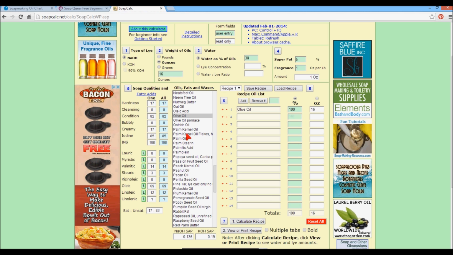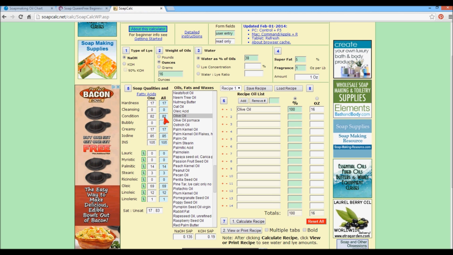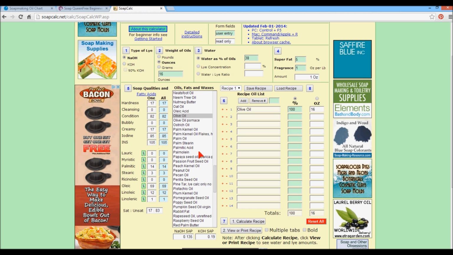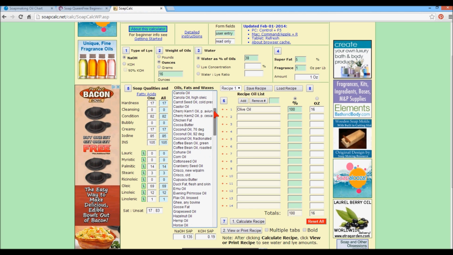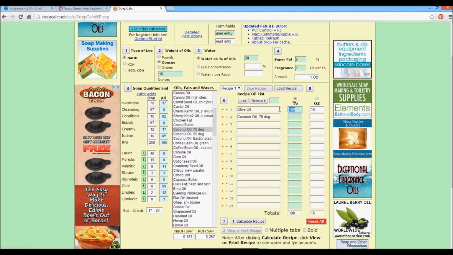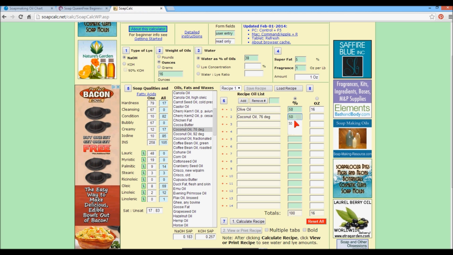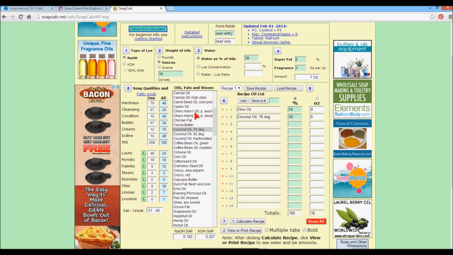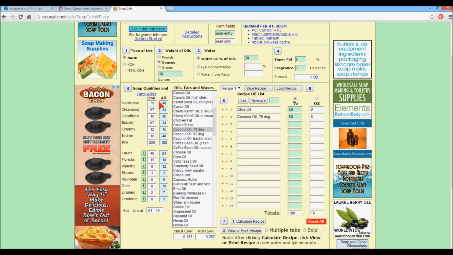See, it populates the numbers here, and since we only have one oil, it tells you what the one oil is. Now let's add coconut to this. Okay, so now let's say that we're doing a 50-50 bar of olive and coconut. Now we have a hardness of 79, that's the coconut, because that's the one that we put in. But the average is 48.